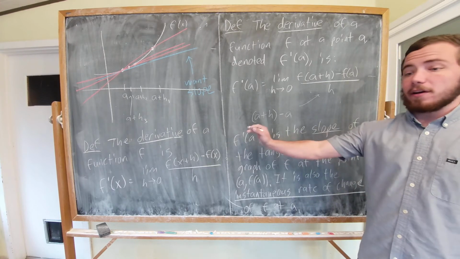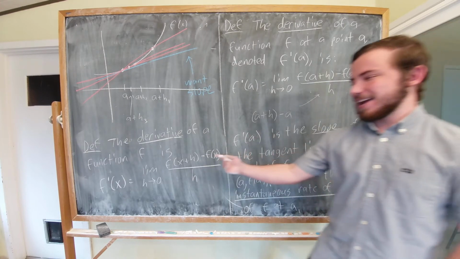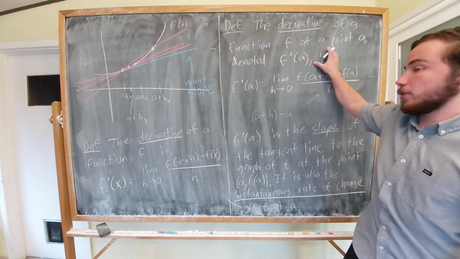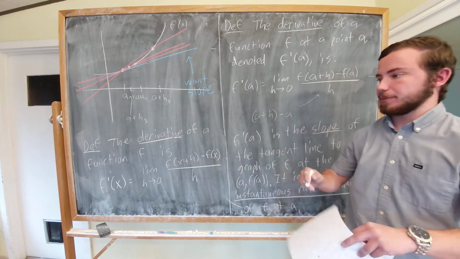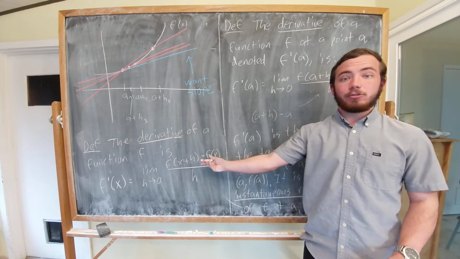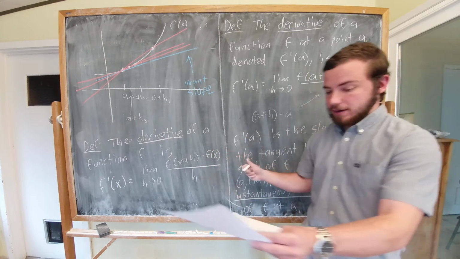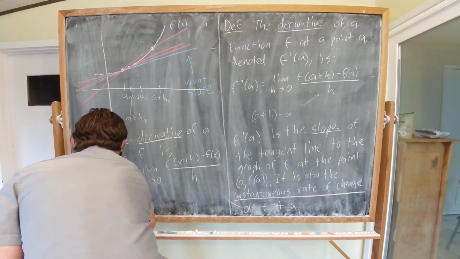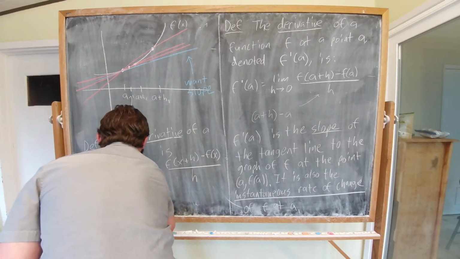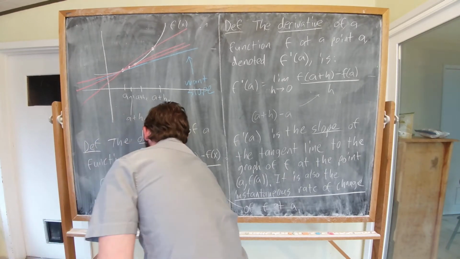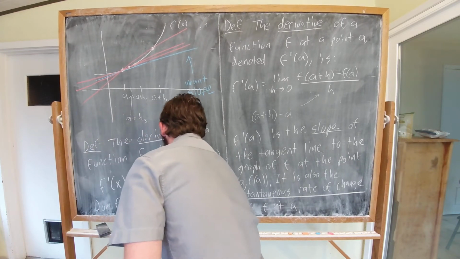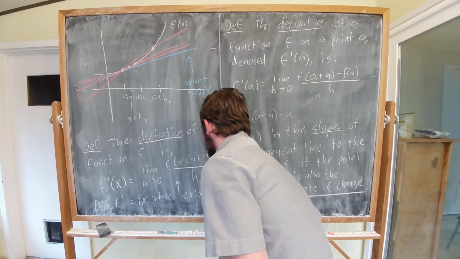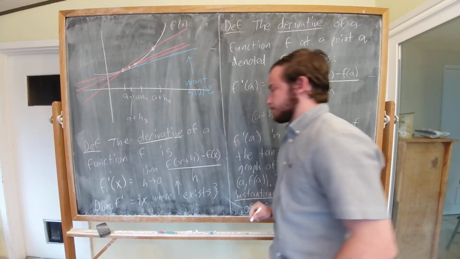Alright, so that's the derivative of the function, and what this is saying is this encodes the information of the derivative at the point everywhere that a could possibly be. And whenever we define a new function, we need to talk about its domain. The domain of f prime is the set of all x where that limit exists, right?